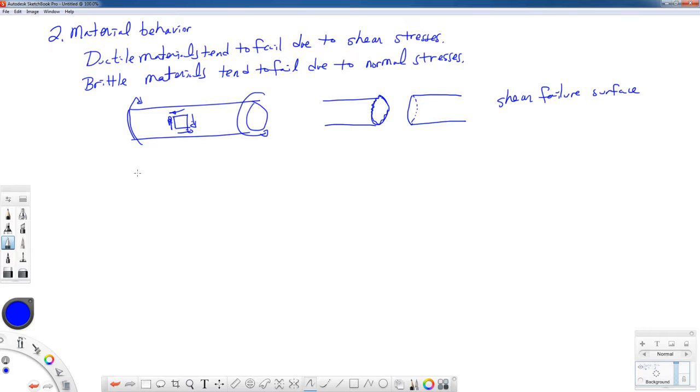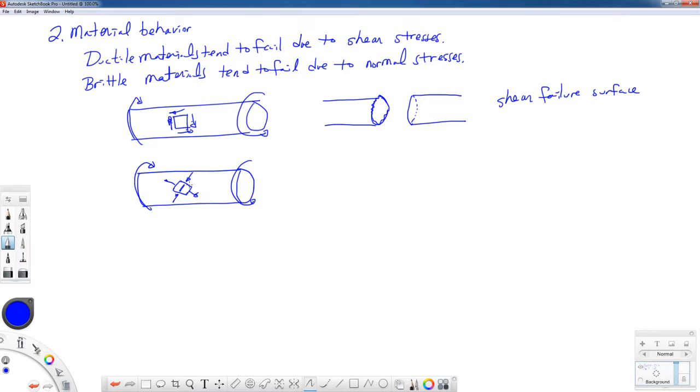Now the fact that the maximum normal stresses occur at a 45-degree angle, where it's compression on this side and it's tension on that side for the bar that's getting twisted this way, that means that this surface is going to open up on this side.